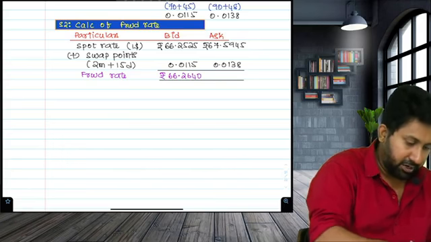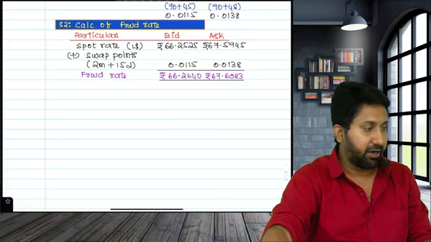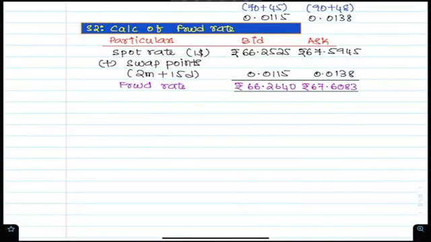Okay, that's all. Please calculate the forward rate. Copy down the answer. Nothing great here. We have already done so many problems this way. 66.2640, 66.6083.